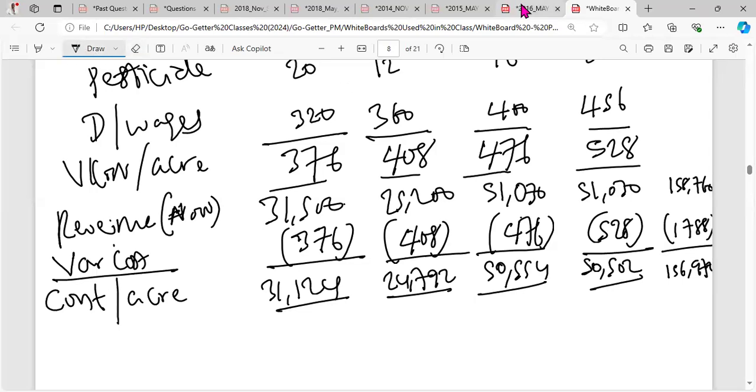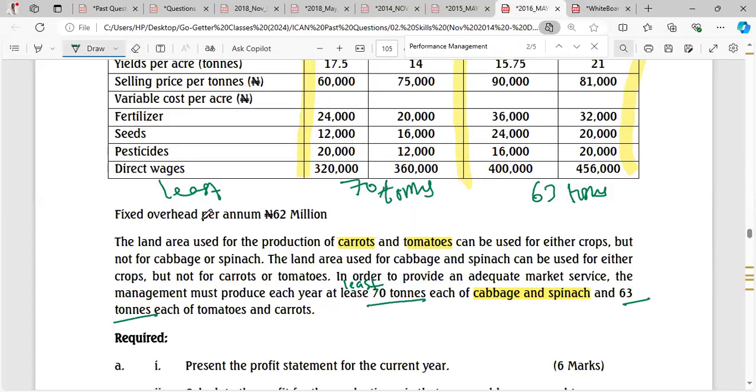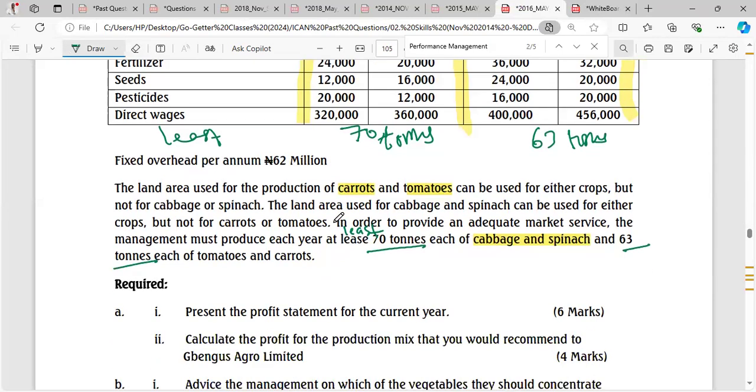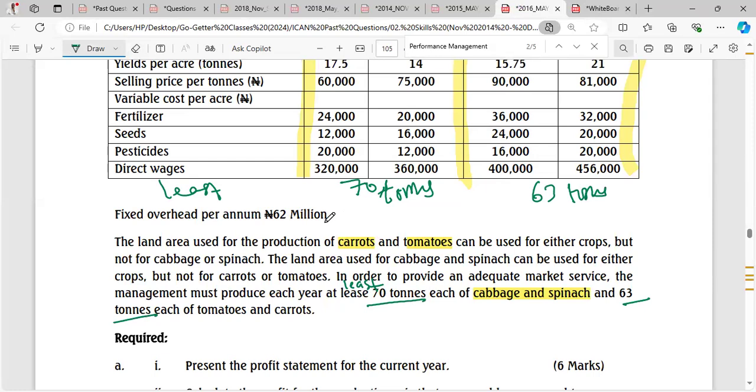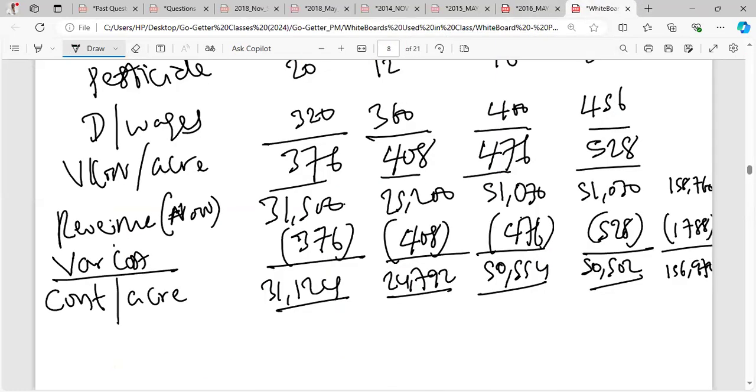Then we are told our fixed cost is 62 million. So you will say fixed cost, my screen is blocked now, 62 million. So I'll put this one here in 3 zeros too. This is also in 3 zeros.